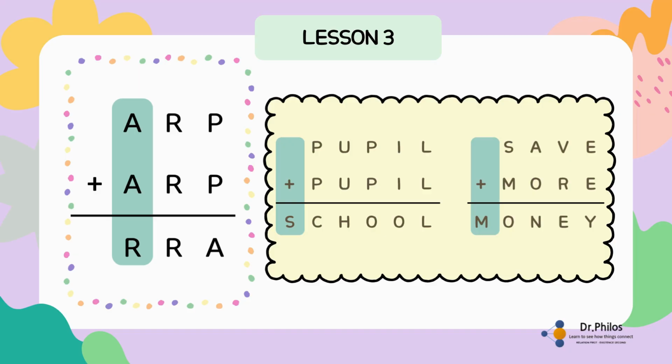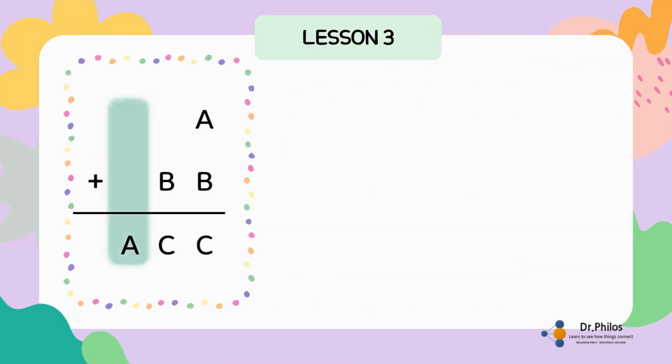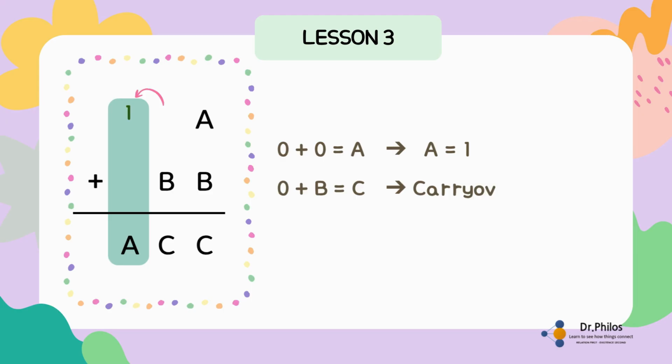Let's look at the problem from last time as an example. Let's look at the highest place, the hundreds place. There is only A in the hundreds place. What does that mean? It means there is a carryover from the tens place. A is 1. And since B in the tens place cannot create a carryover by itself, there is also a carryover from the ones place.